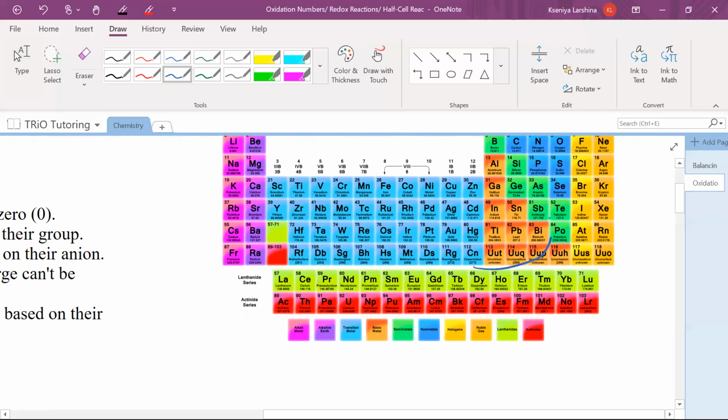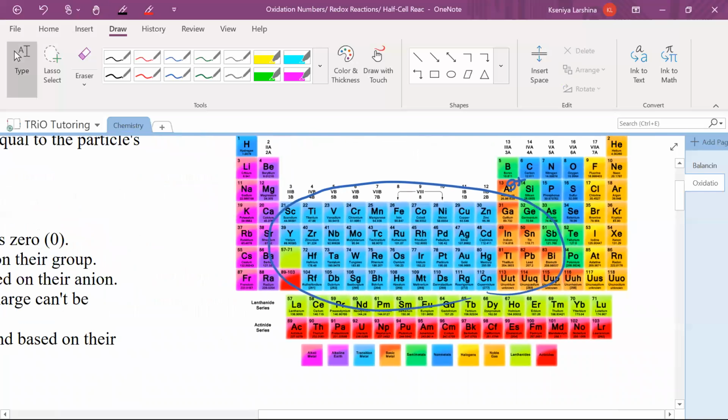VOS metals are usually your transition metals, unless it clearly states otherwise, like aluminum, which is 3+, and Ag is 2+.